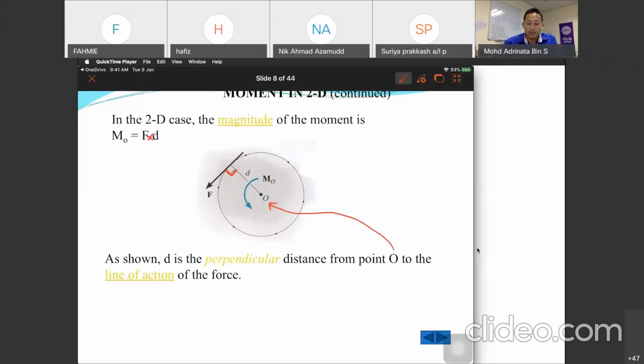So this one. Okay. As shown, d is the perpendicular 90 degrees distance from point O to the line of action of the force. What happens if you have another forces that act like this?